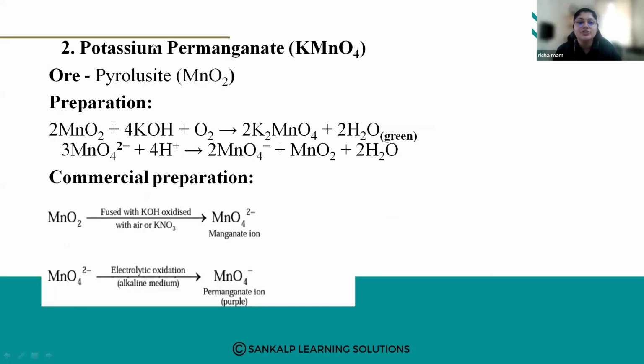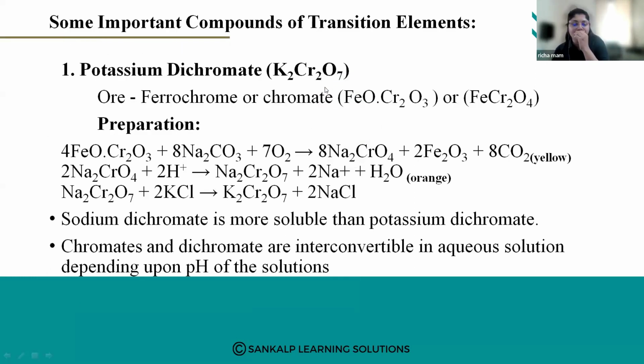Next is potassium permanganate. But before that, we did not discuss the properties of potassium dichromate. Potassium dichromate is used as a primary standard in volumetric analysis.